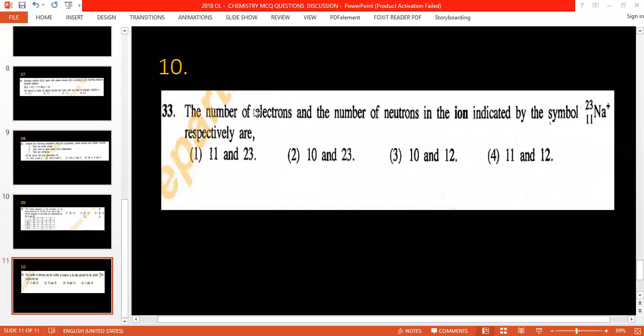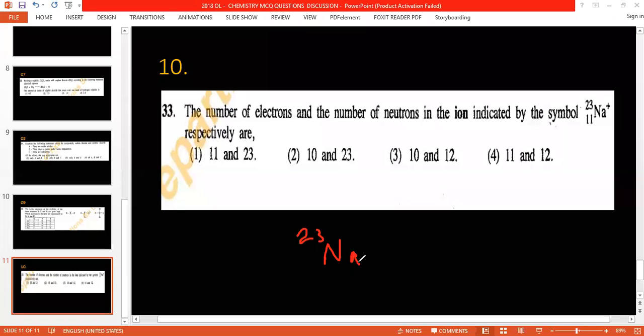The final question is the number of electrons and the number of neutrons in sodium plus, 23 Na plus with atomic number 11. Here you must know, very important, the number which is down is the atomic number, and this is the mass number.